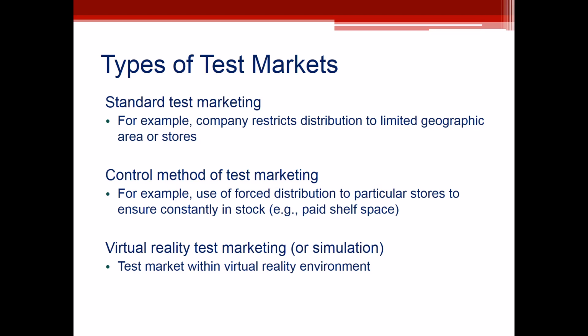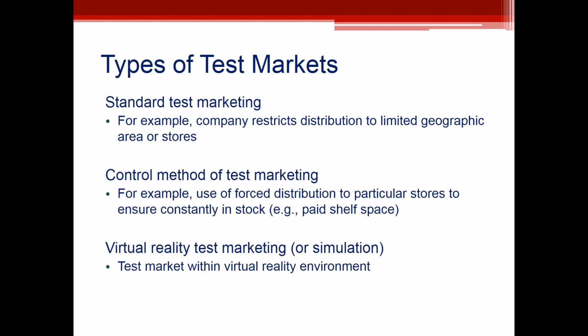The control method of test marketing is a little bit more forced. This is where the brand doesn't just provide retailers with their products and ask them to sell them. What they do is purchase up shelf space specifically for displaying their test marketed products. And this is really valuable because sometimes a retailer, when they get a test market product, might put it on a low shelf or might put it out in an out of the way space.